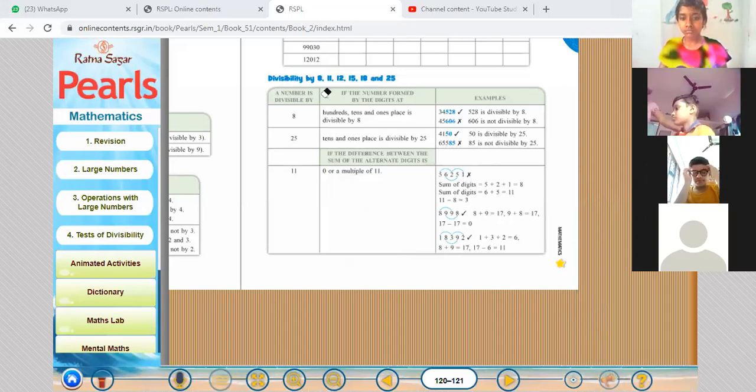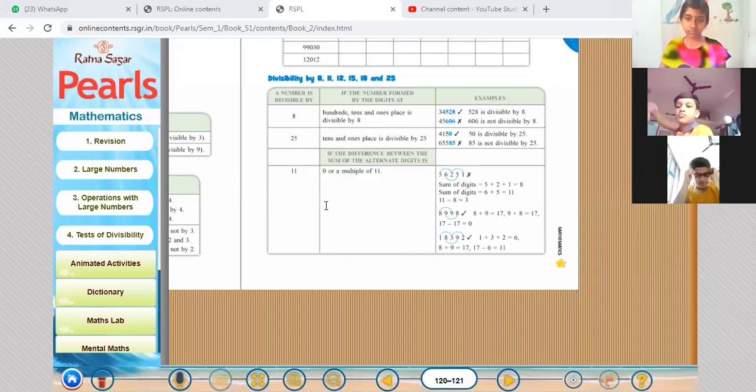What's our third example? The number is 18,392. Which are the alternate digits here?